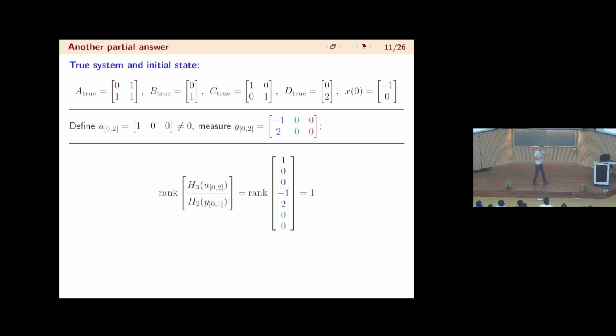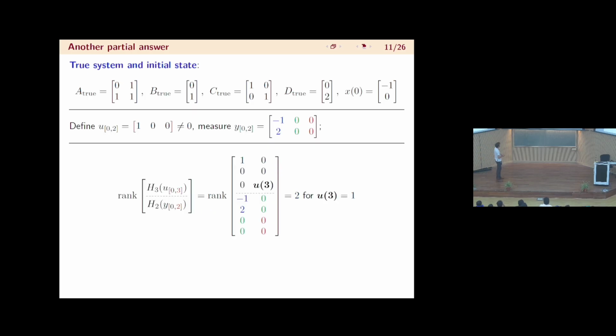Now I want to choose the inputs in such a way that at every step, while adding one more sample, I add one more column to this Hankel matrix. I always want to increase the rank of the Hankel matrix at every time step. So already here we have one column. The rank is obviously 1 because this is a non-zero column.